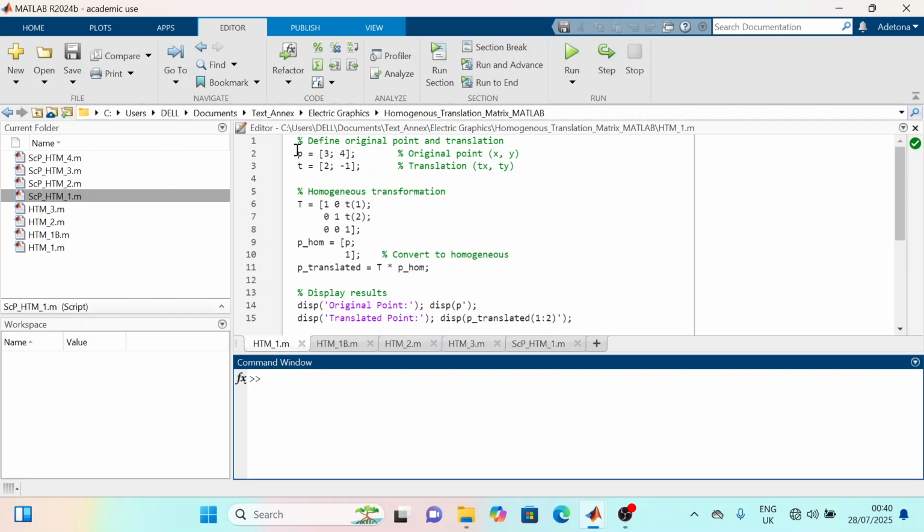That is, in this location, P of 1 contains 3, P of 2 contains 4.